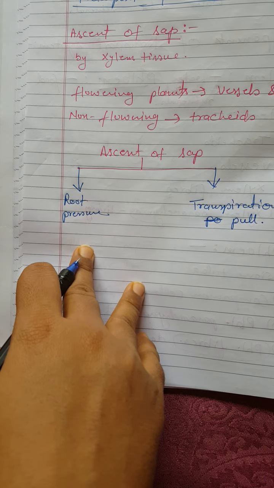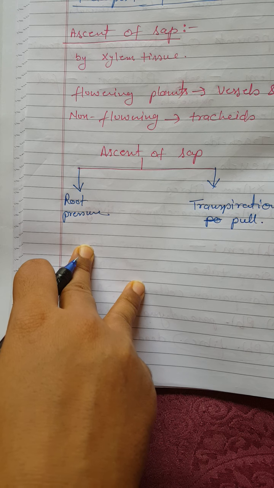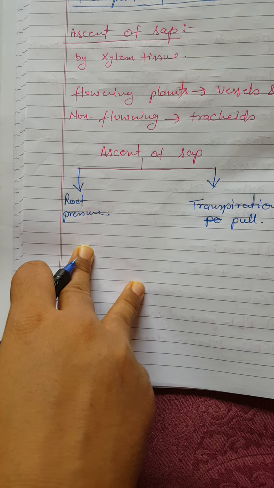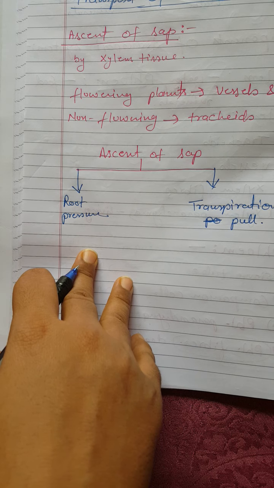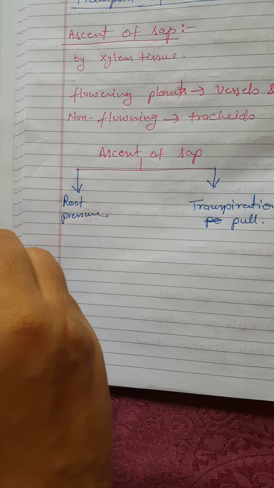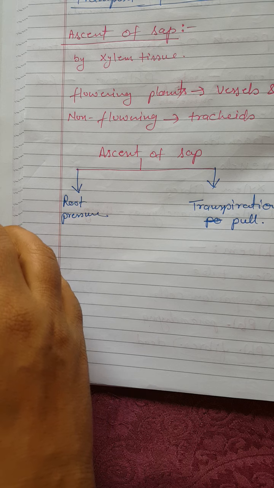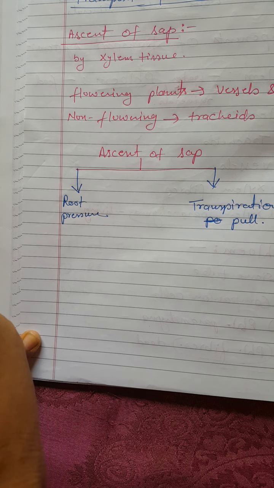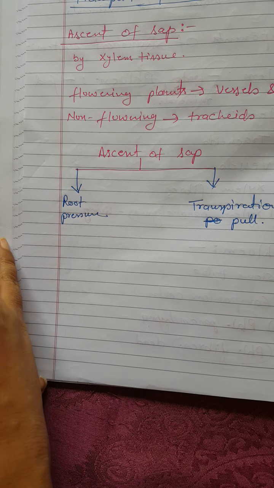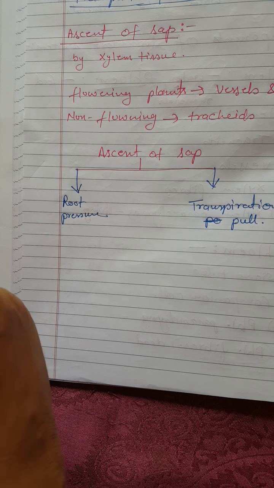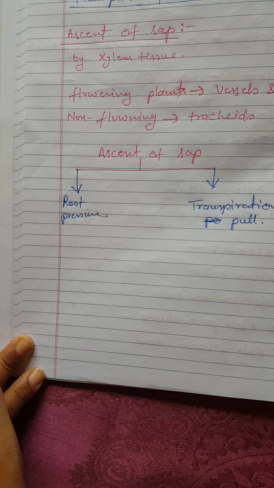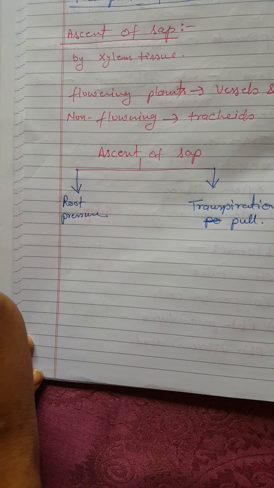Generally what happens, as I said, the root here absorbs the water and dissolved minerals, and then this is transported to each and every part of the plants. At the root, the cells which are in contact with the soil take up the dissolved minerals in the form of ions, and when the roots take up, it creates a difference in the concentration of these ions between the roots and the soil.